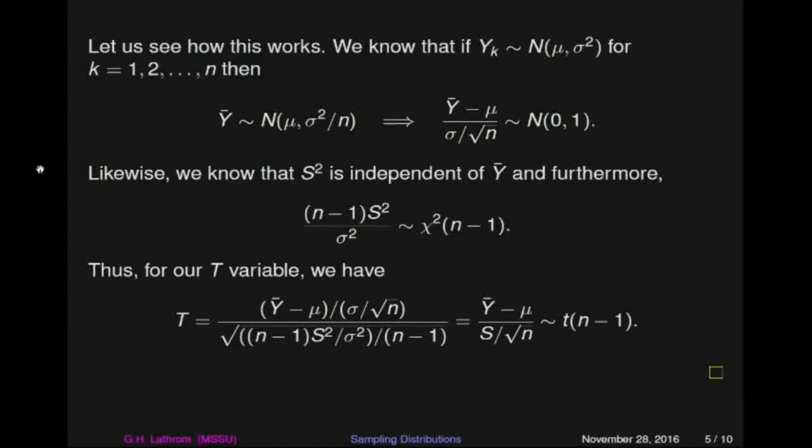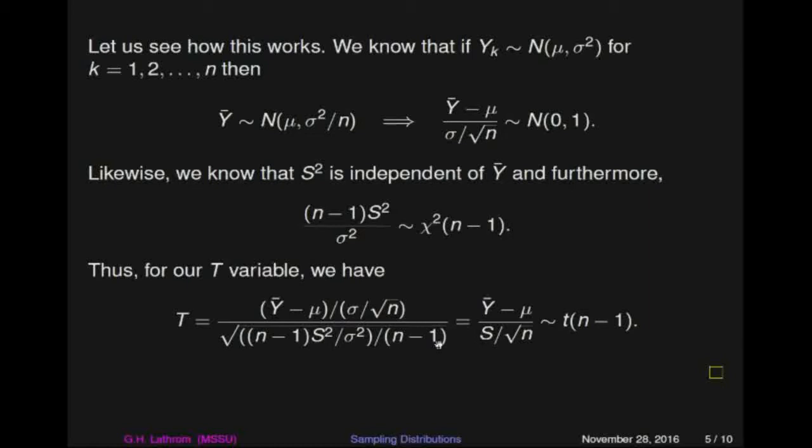Now, we also know that the sample variance s squared is independent of the sample mean, and so n minus 1 times the sample variance over sigma squared is distributed as a chi-squared distribution with n minus 1 degrees of freedom. And so if we write out what our variable T is now, we've got y bar minus mu over sigma over root n, divided by the square root of n minus 1 times the sample variance over sigma squared, that divided by n minus 1, all of this underneath the radical.